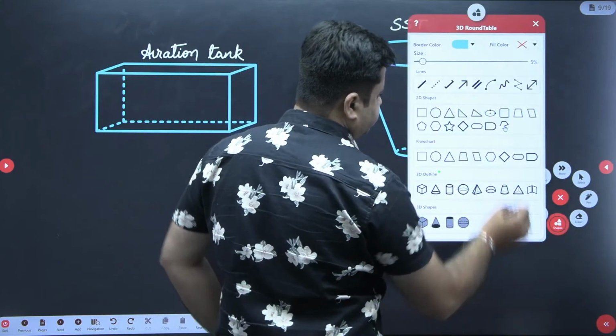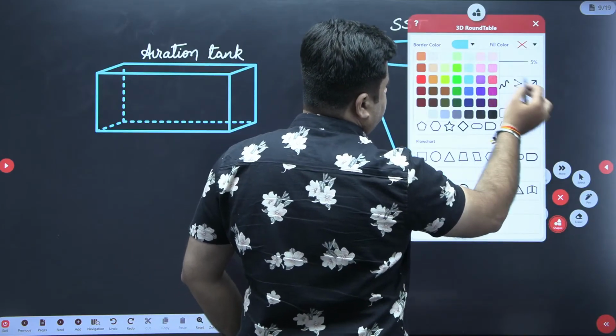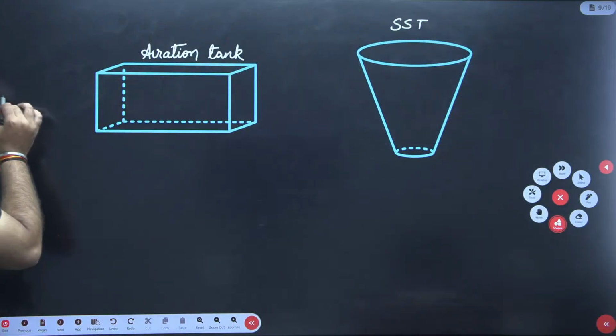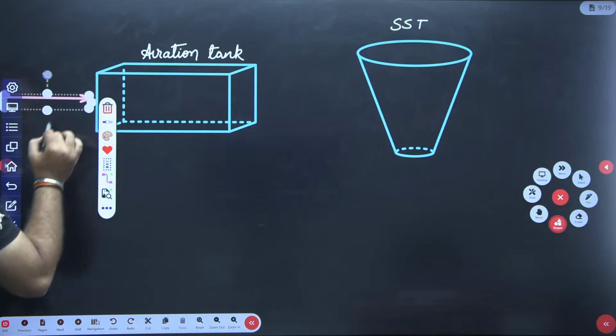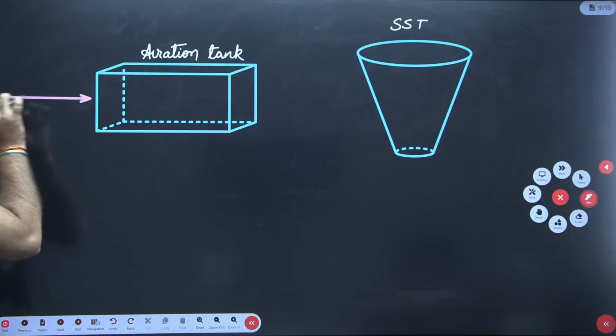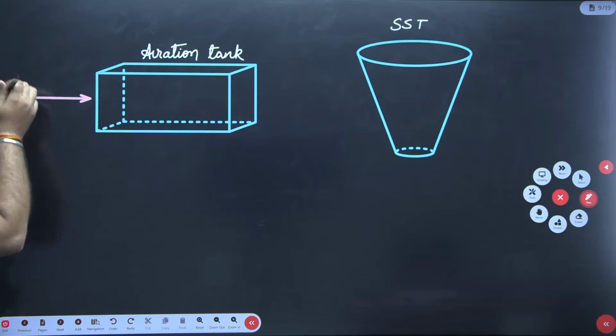Now see, the wastewater from the primary sedimentation tank is entering into the aeration tank, okay? The discharge of the wastewater coming from the primary sedimentation tank is Q naught.